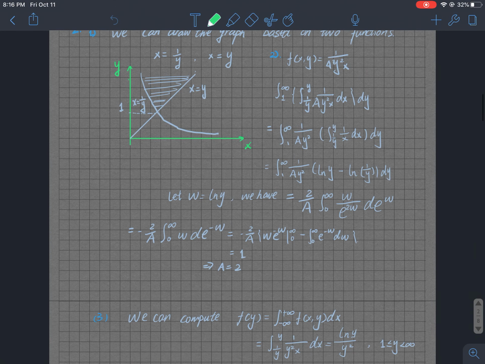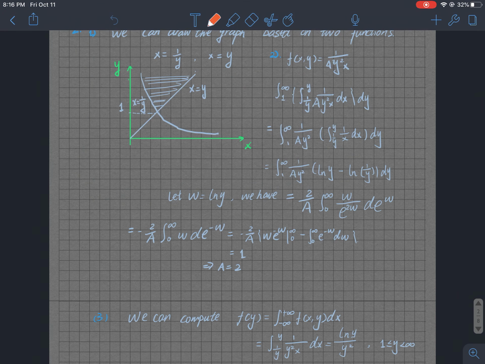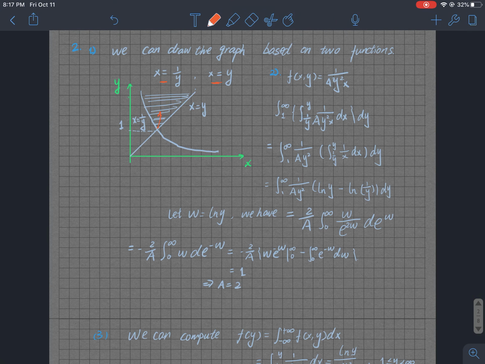So basically, we first draw the picture here, so we know this is the lower bound and this is the upper bound. We have the image here, and what we need to do is integrate from 1 to infinity.